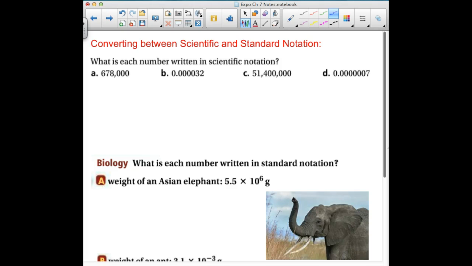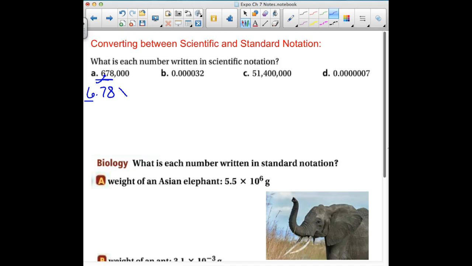Scientific notation says that our decimal has to be right there. We have to have it as 6.78. You do not need the extra zeros at the end. We just need to include all of the digits here. Only one space before our decimal point. It needs to be a number between 1 and 10.